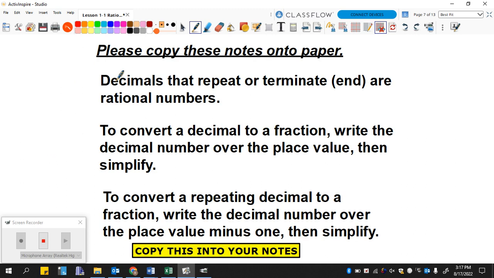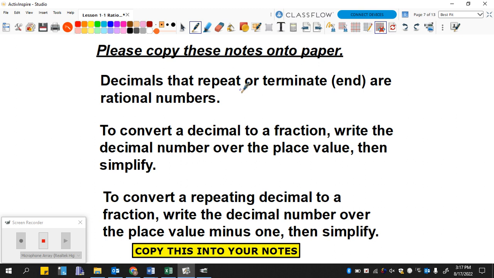All right. Now we're moving from reducing fractions to converting decimals to fractions and all that. So decimals that repeat or terminate are rational numbers.